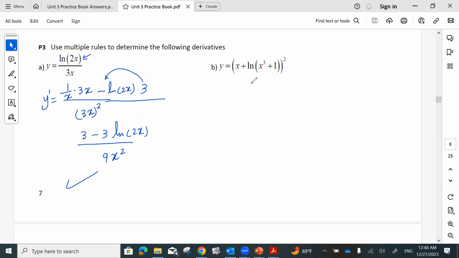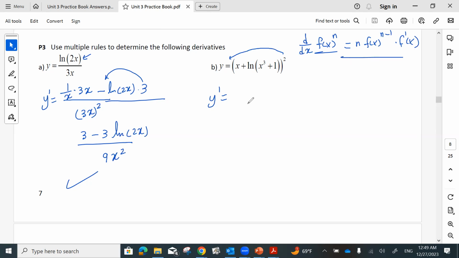Y equals that. This is a chain rule and the ln rule, something like that. So y prime is, first of all, bring these two here. I'm using now the chain rule: if you want to derive d by dx of a function to the power n, the answer is n times the function to the power n minus 1 times f prime of x.